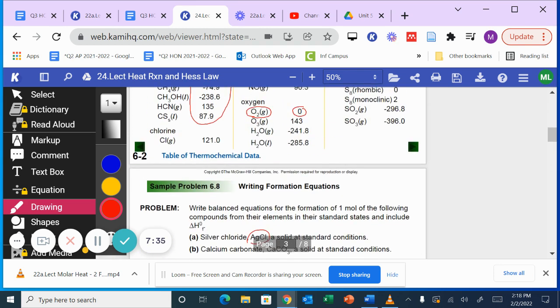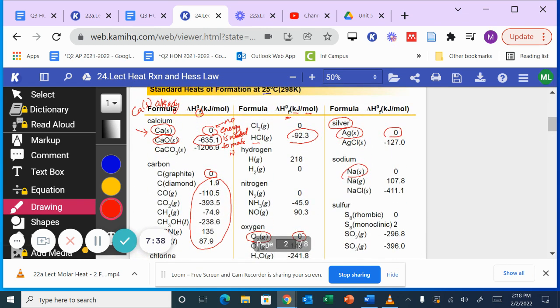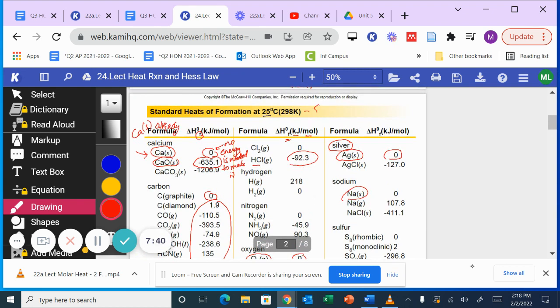So, I have to look at the chart here, and these are all in standard conditions. Standard conditions means same temperature, same pressure, same everything, same conditions, same concentration.